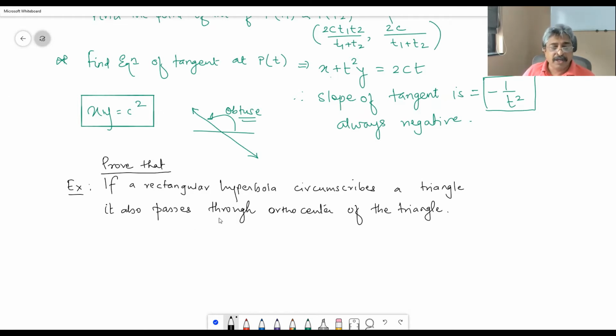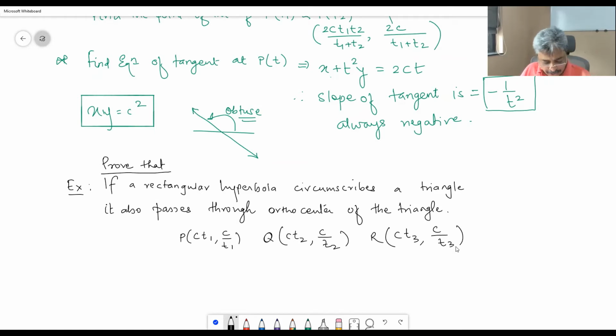Maybe let me quickly solve this problem because not all of you have shown me the answers. Let P be ct1 comma c upon t1, Q as ct2 comma c upon t2, and R as ct3 comma c upon t3. Suppose these are the 3 points on the rectangular hyperbola xy is equal to c square.